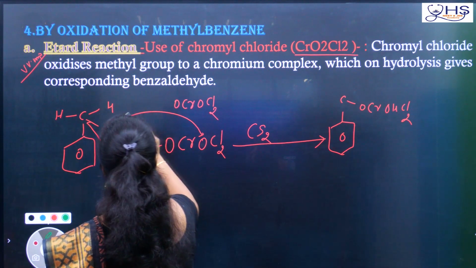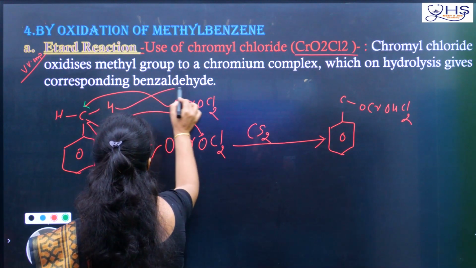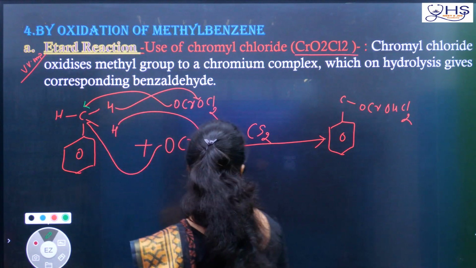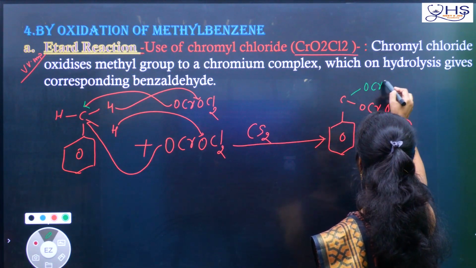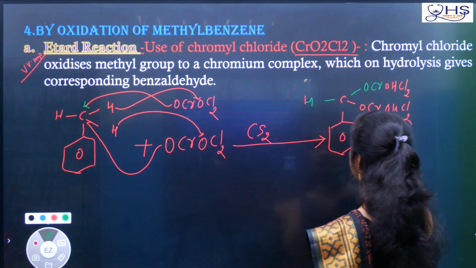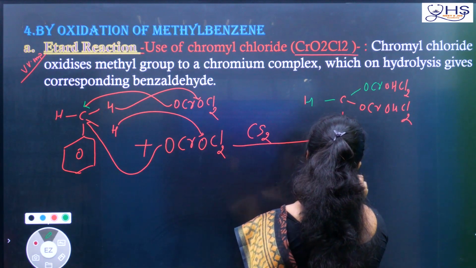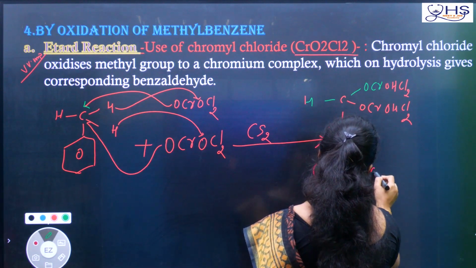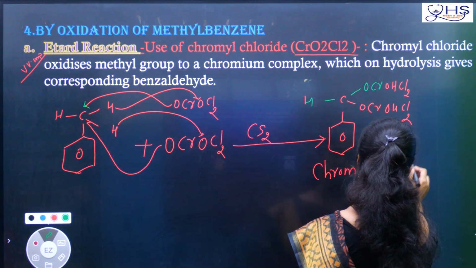This oxygen attaches with this carbon and this hydrogen goes to this oxygen, so it becomes one more OCrOHCl2. This is the chromium complex, and this intermediate is also very important.